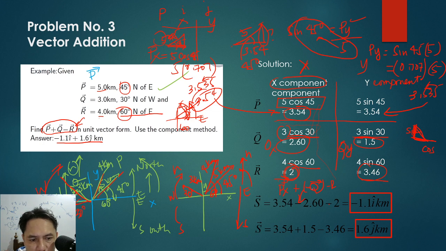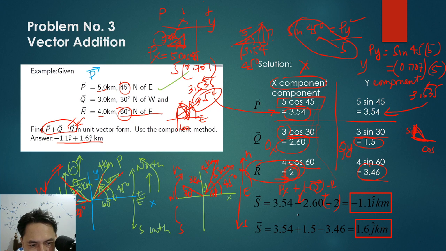So plus negative, so we have to deduct. So minus R, so minus 2. This is the R. So if we add 3.54 minus 2.6 minus 2, we will have a 1.1 negative.